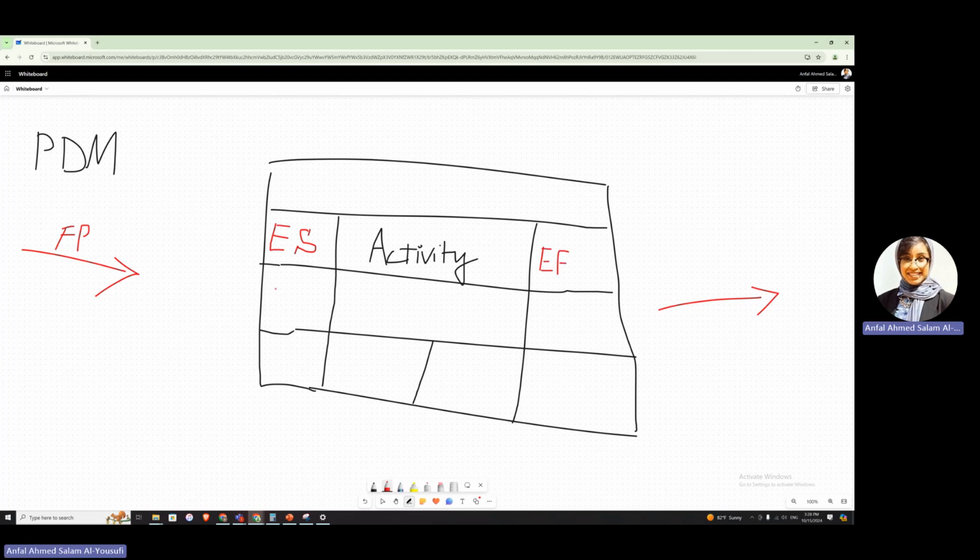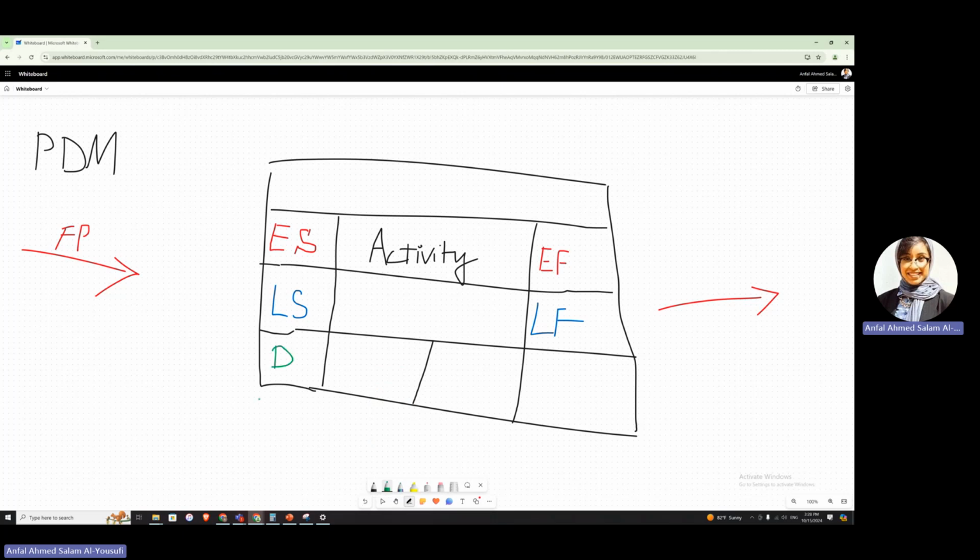If you started it late, you are going to finish it late. Then we have another term to remember, which is the duration.